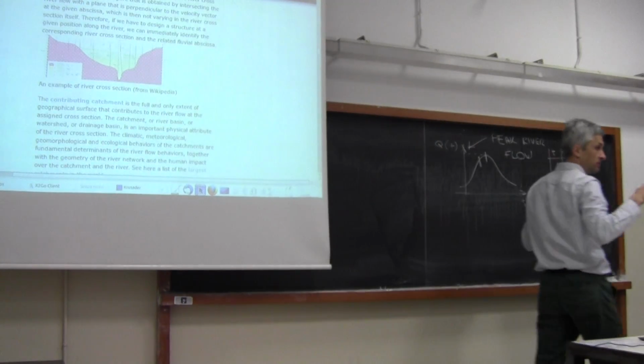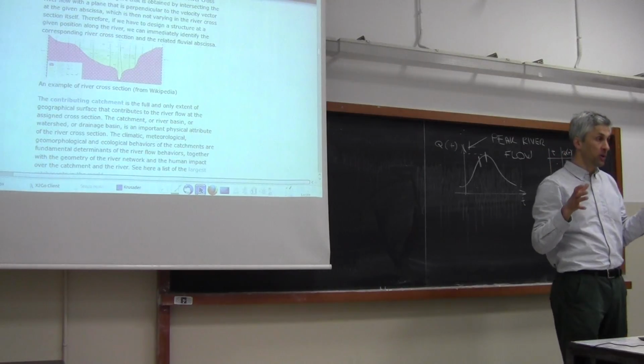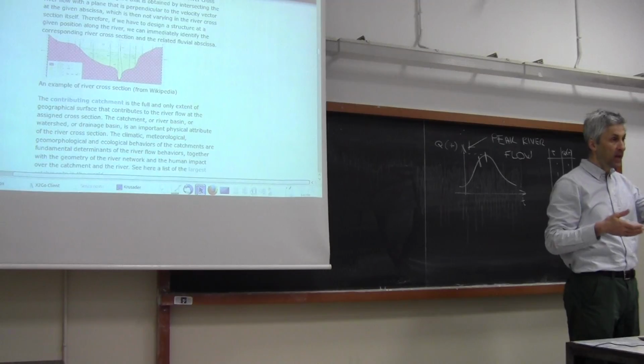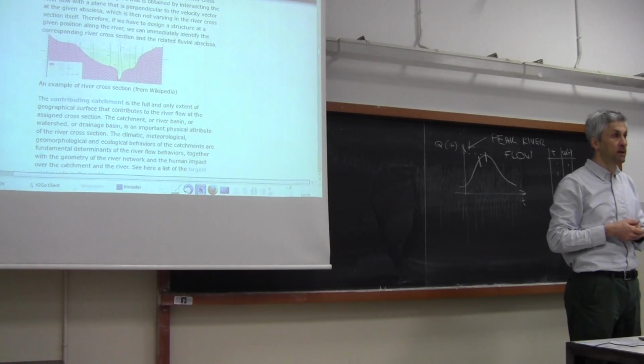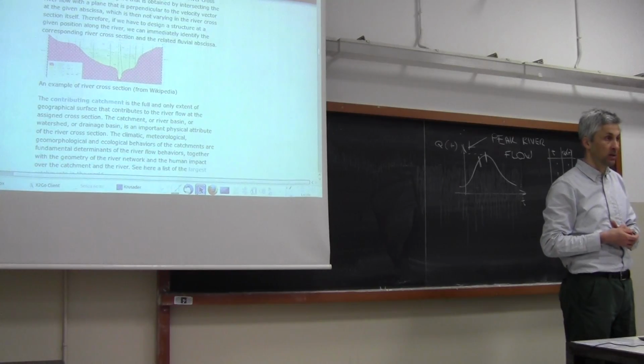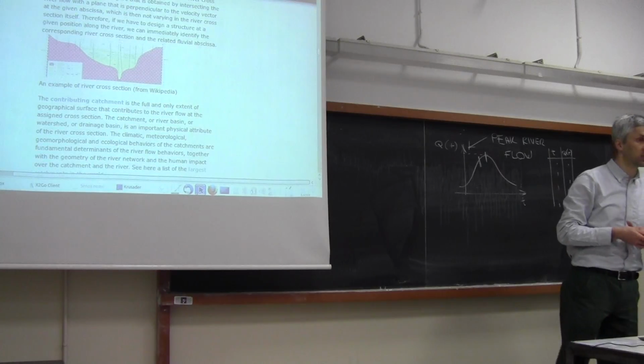I'll say again, because this is important, I may ask you this question. If you cut the water course or the river flow with a plane that is perpendicular to the velocity vector in that site, you get the river cross-section.